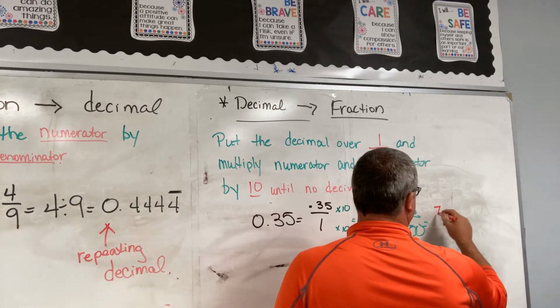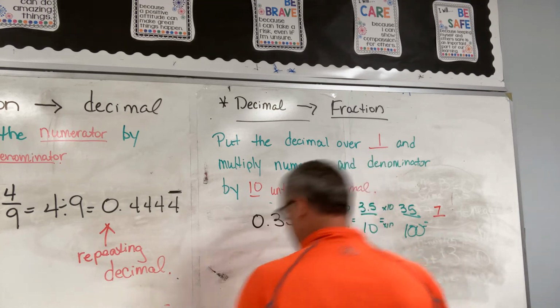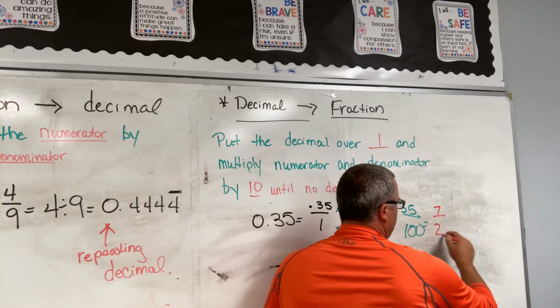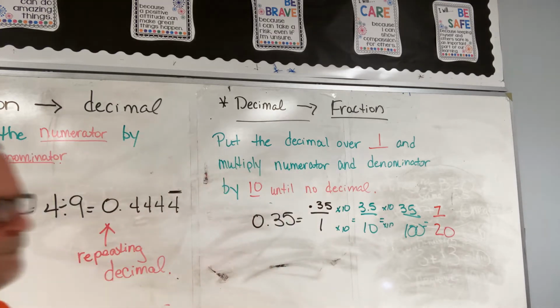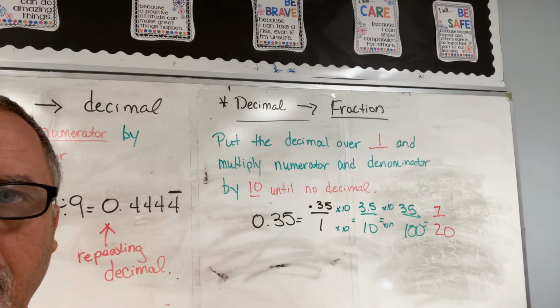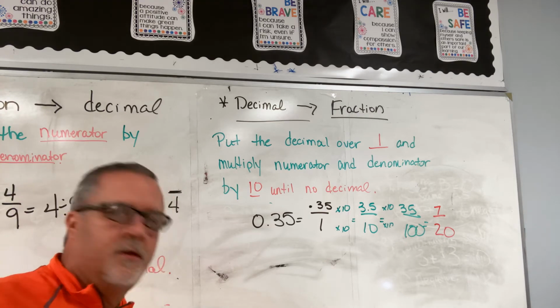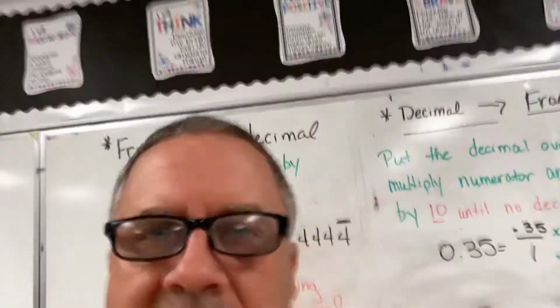That would be 7 over 20. I think the process for this one is a little easier than the other. So what I'm going to do is just show you guys the other examples on the back.